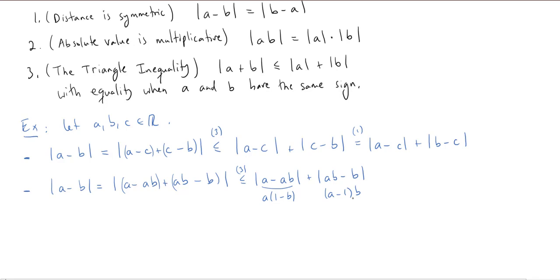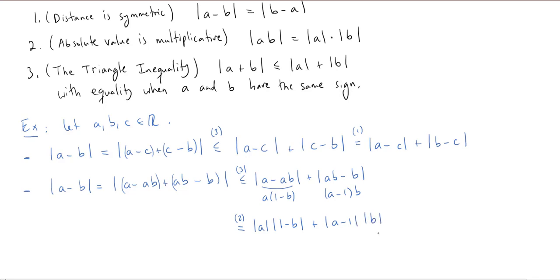But I have this absolute value multiplicative property, number 2, which means if I have the absolute value of a product, I can break it up as the product of the absolute values. So using number 2, I get the absolute value of a times the absolute value of 1 minus b plus the absolute value of a minus 1 times the absolute value of b.